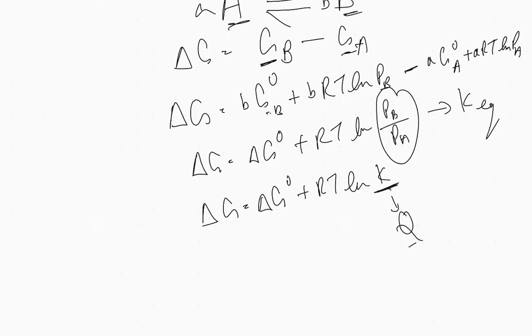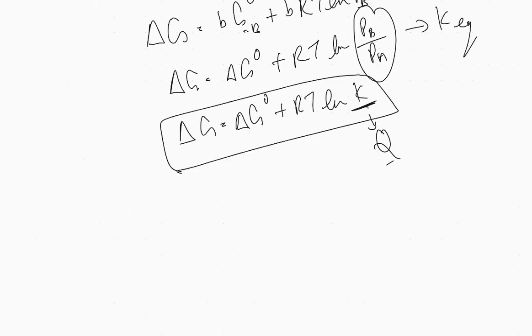At equilibrium, delta G is going to be 0. A reaction proceeds only if the delta G value is negative, which you know.